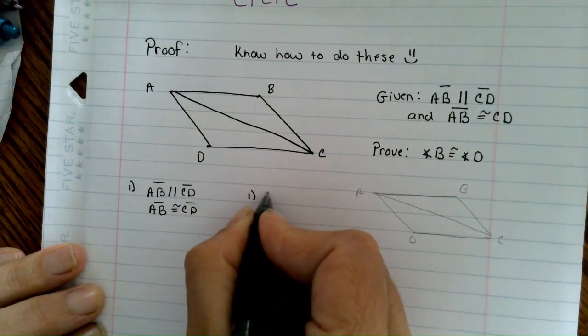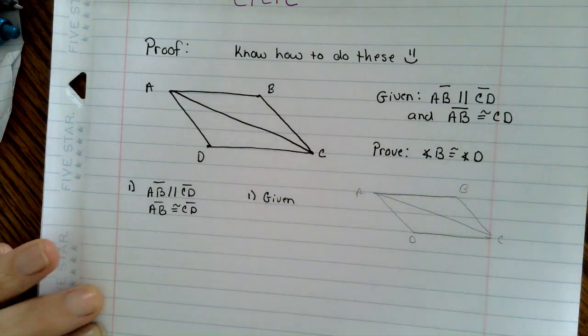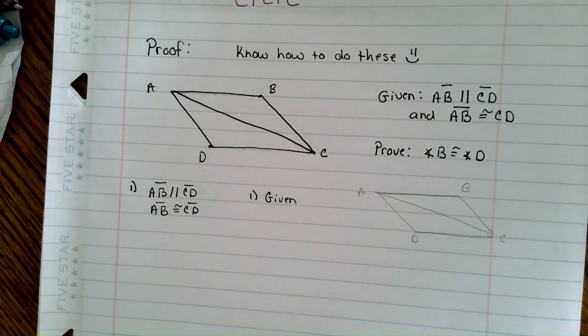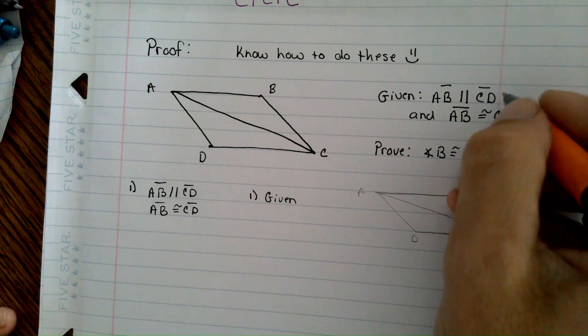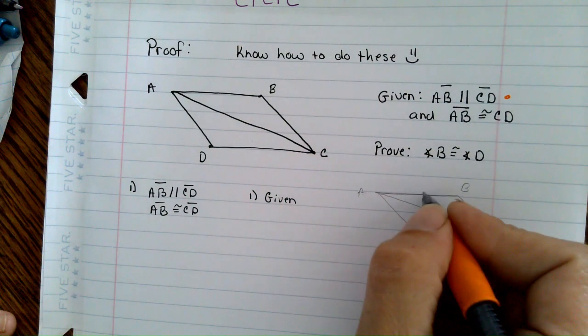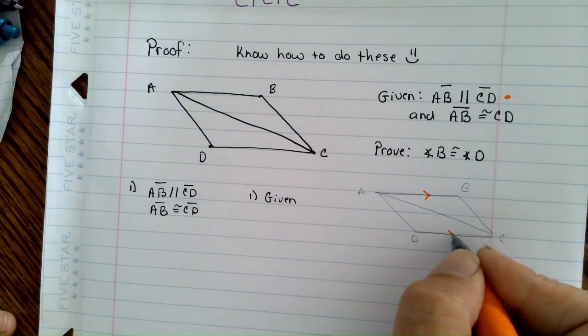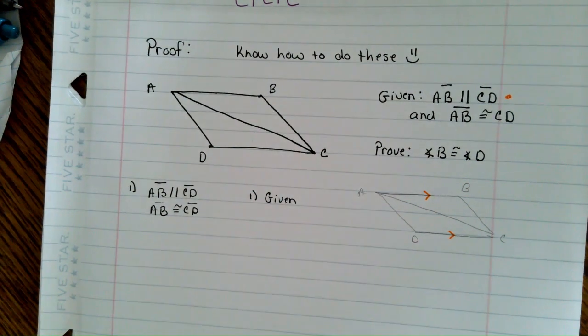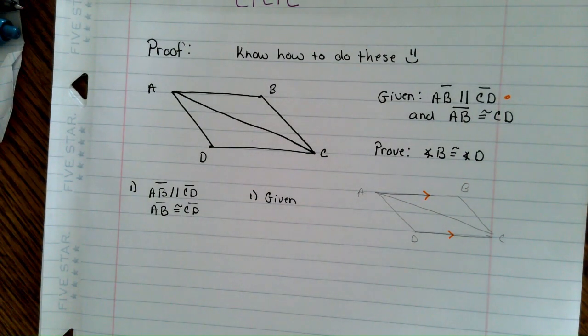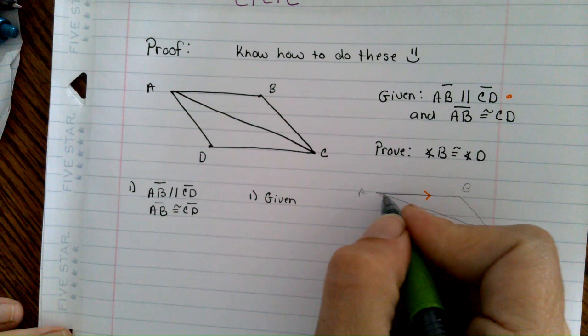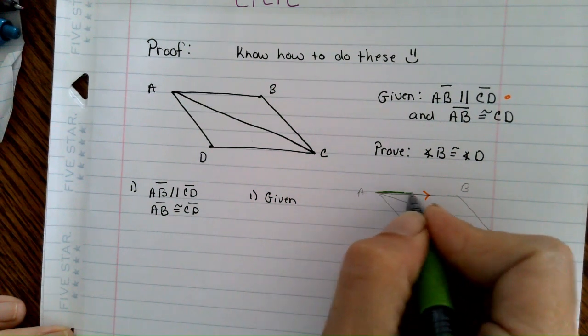And statement 1 is written because it's given. Now, the parallel I'm going to mark in orange. It doesn't give me much, but parallel happens. However, the congruent, I'm going to draw in a green line.